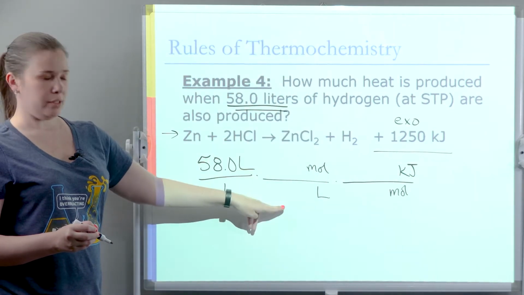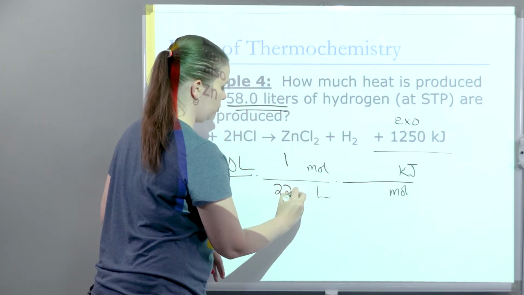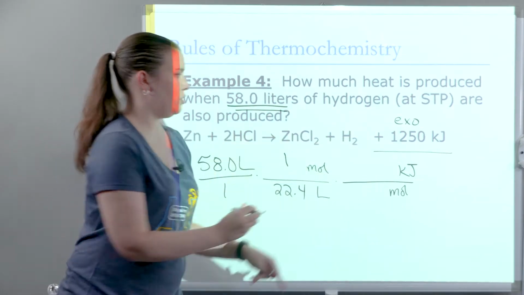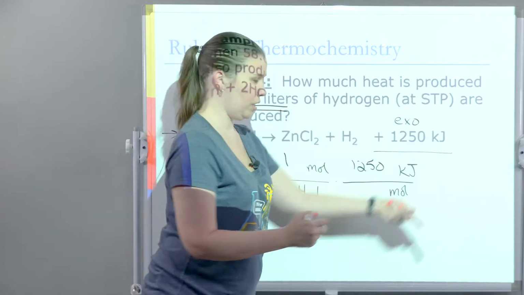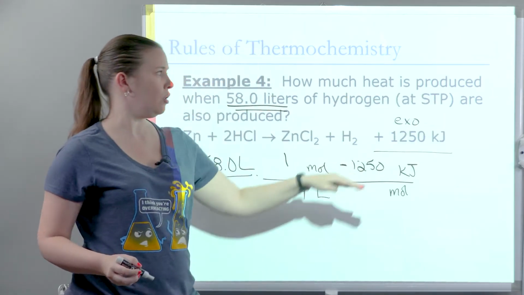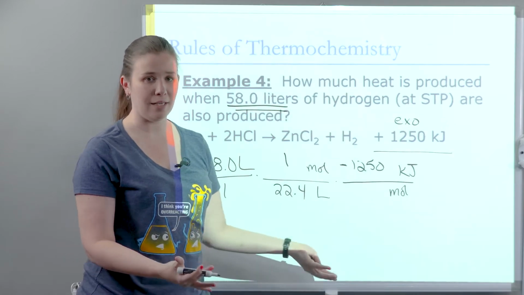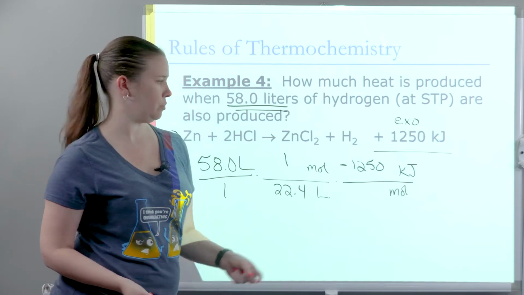So mole to liter at STP would be 1 mole to 22.4 liters. Energy is this 1250, but it's exothermic, which means that needs to be negative. Just because we've changed the amount doesn't mean it's not exothermic all of a sudden. It's still going to be exothermic, and we want a negative answer.